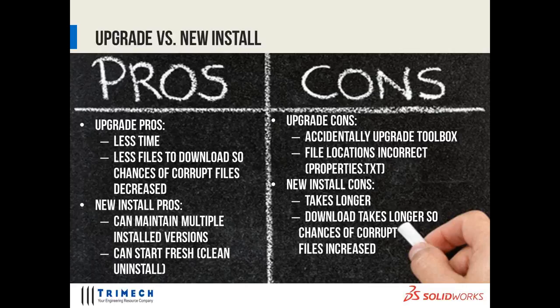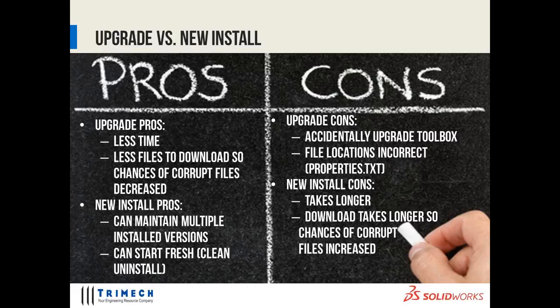Also, after upgrading, we've noticed here at TriMech that some of the file locations are pointed to the incorrect folder places. So for example, the properties.txt file that is used inside of the custom properties for SolidWorks files, when you do an upgrade, the location is either still pointing to the previous version year's folder location, which no longer has that file stored in it, or it might not have gotten installed properly, and so the file is no longer in the correct location.